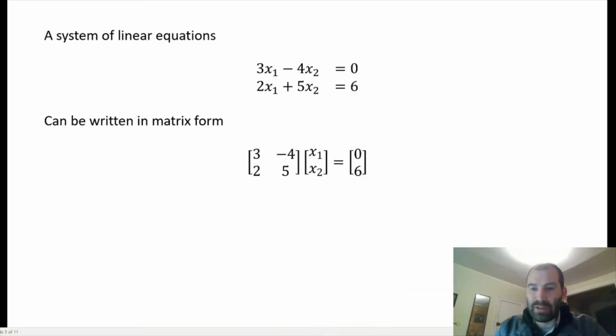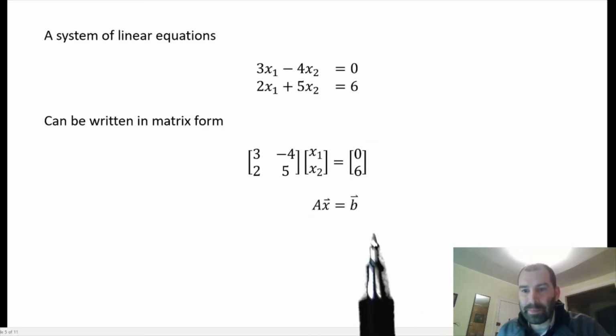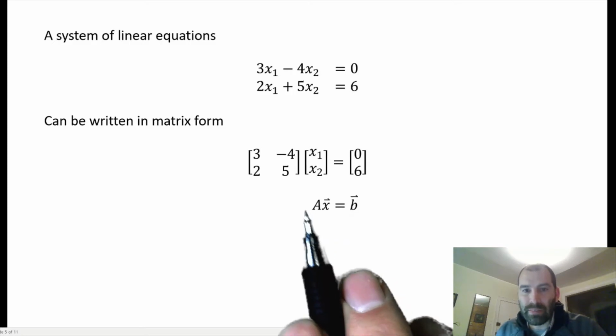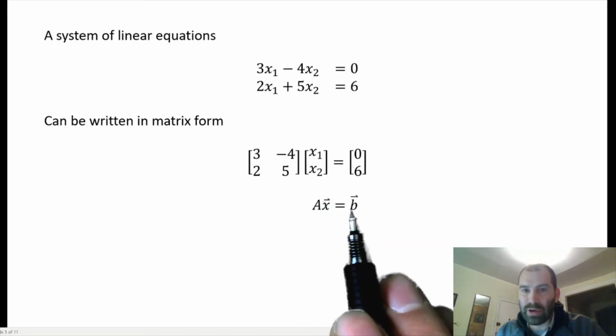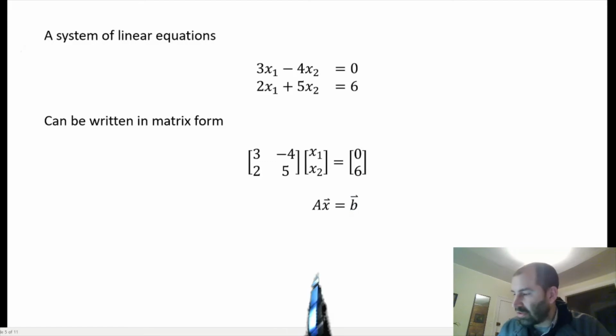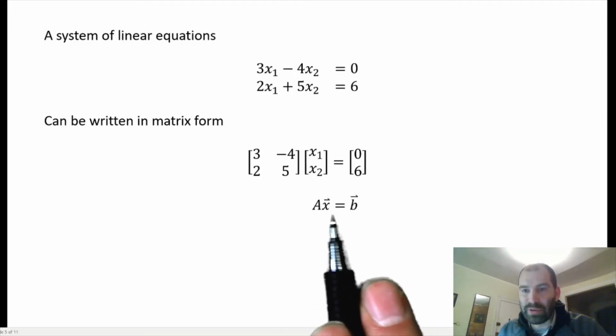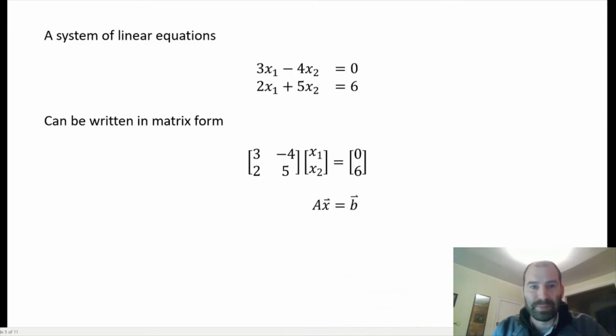Now, just to compress that into a nice abstract form, we represent the matrix by a letter A, the vector x1, x2 by x with an arrow over it, and this vector here by a vector B. So this whole thing is in this form. This is a matrix equation.